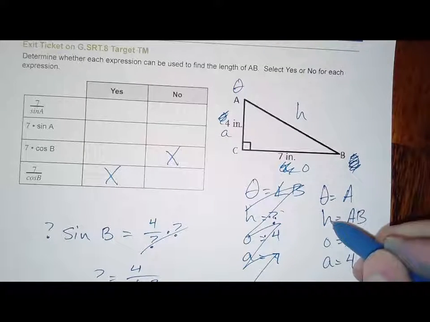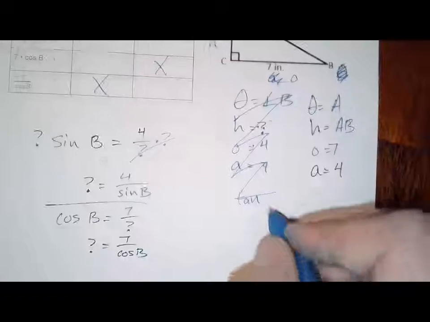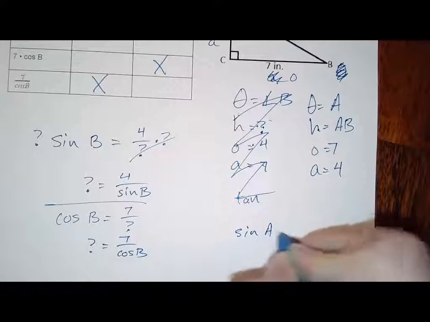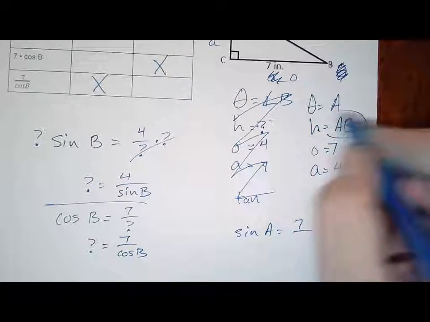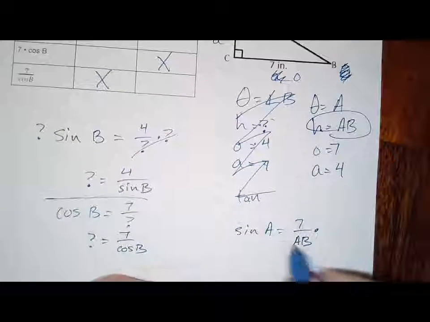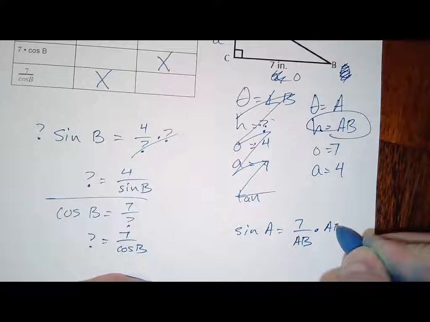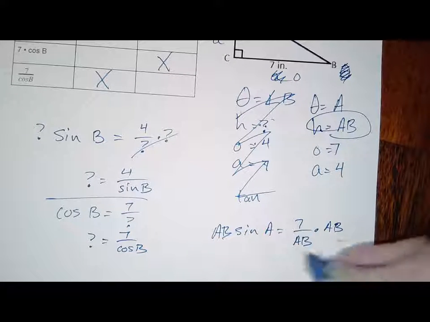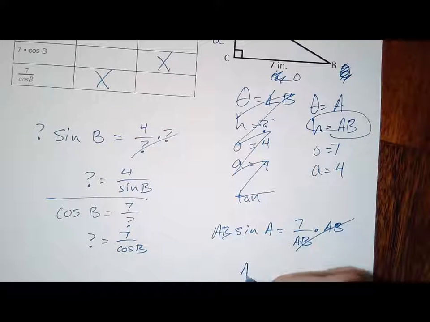So if I want to find H, I could use a sine, as in sine of A equals 7 over this side length. So I'm going to switch it, right? Multiply both sides by AB. Divide both sides by sine A. Wait a minute, that's the first one.